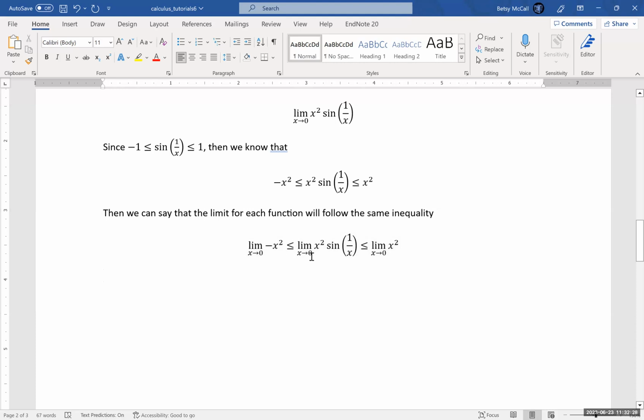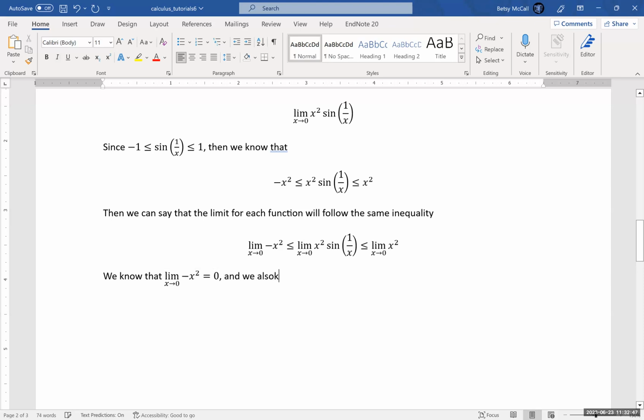Now, while we may have a difficult time evaluating the limit on the inside function, we know that this limit is equal to 0.